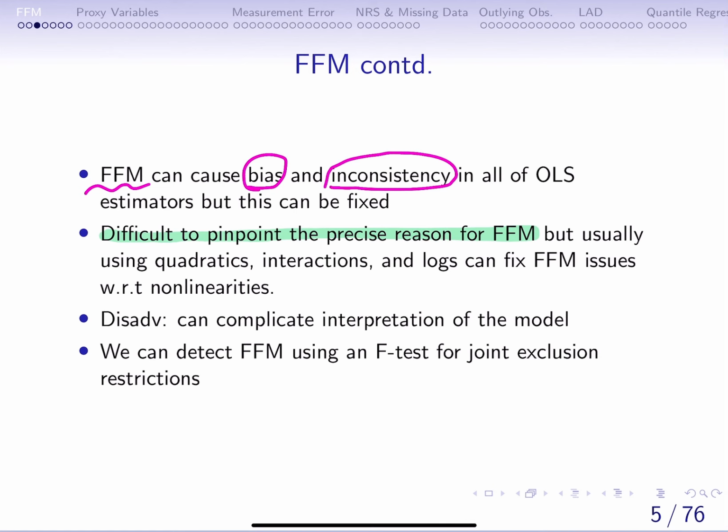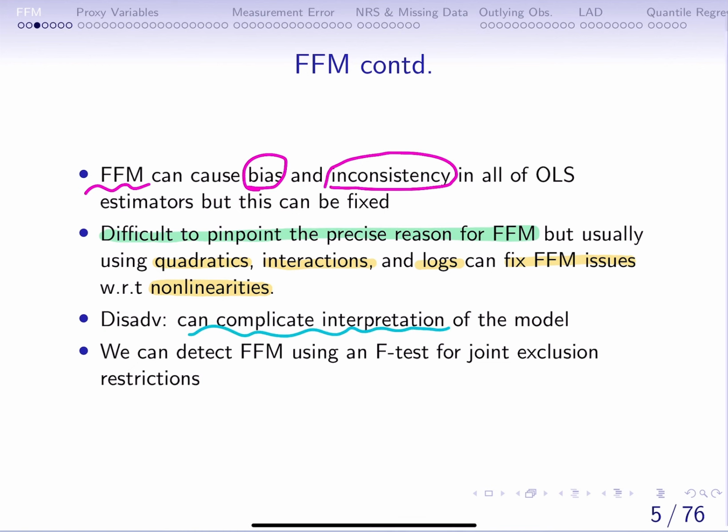The thing to remember is that typically using quadratics, interaction terms, and logs can fix most of the functional form misspecification issues that arise because you have not incorporated a nonlinear relationship between y and x. The drawback, however, is that it can complicate the interpretation of the model.